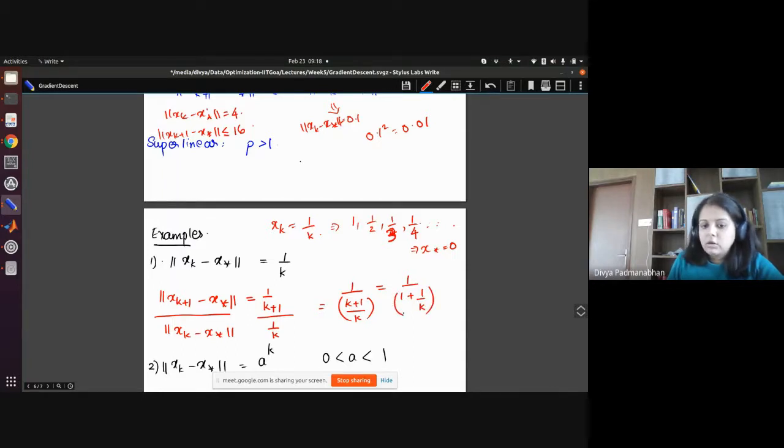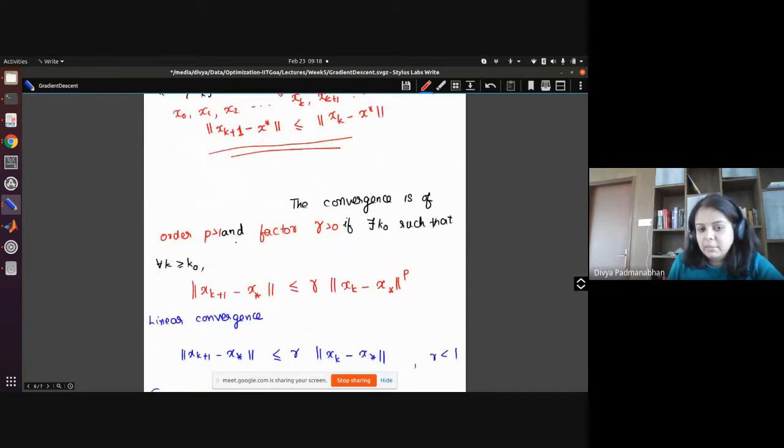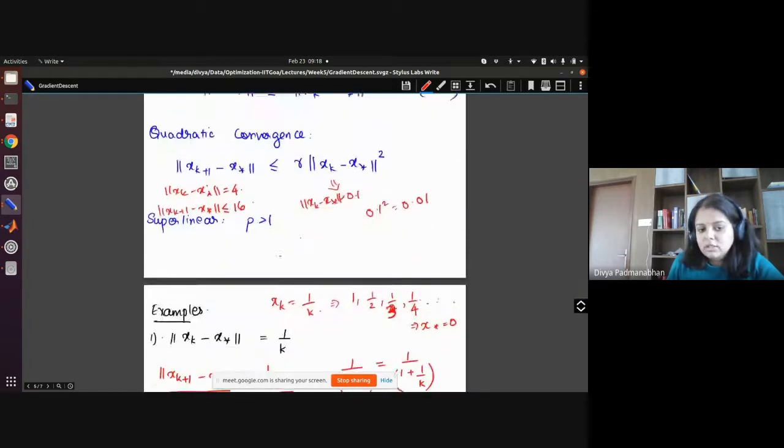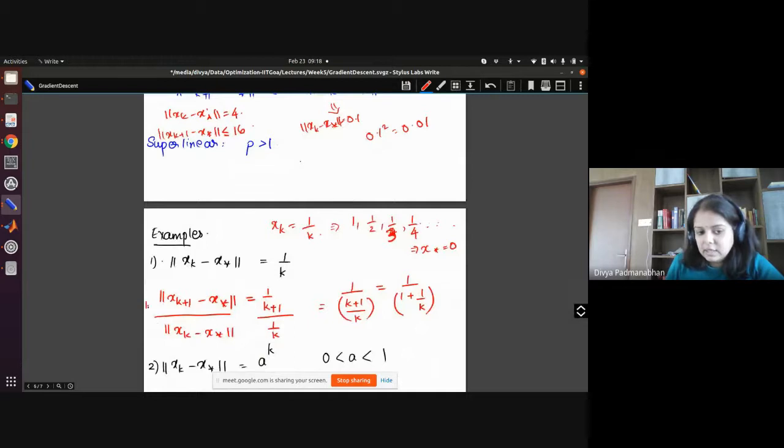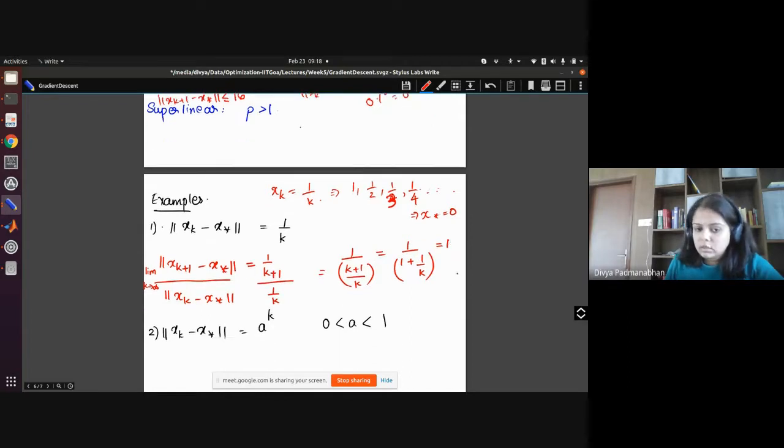Remember, you should have some k naught such that this is true, so in some sense it's the limit as k tends to infinity. So what is this limit as k tends to infinity? 1, right?